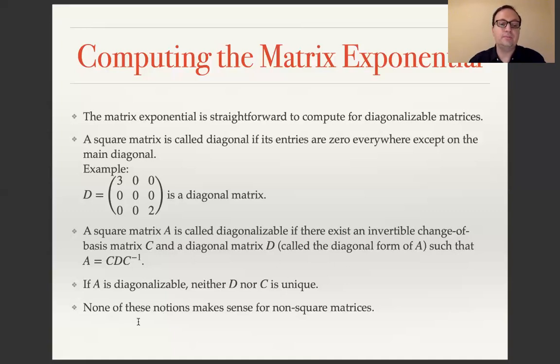I want to emphasize at this point that all the matrices we have talked about up to here are square matrices. So A, C, D, C inverse, and the matrix exponential of A are all square matrices. Neither diagonalizability, nor the notion of a diagonal matrix, nor the notion of matrix exponential makes any sense for non-square matrices.